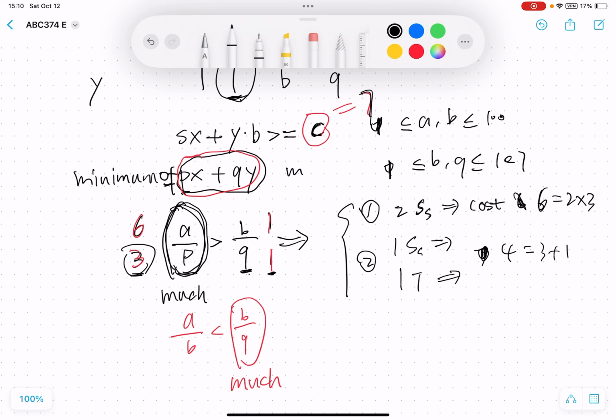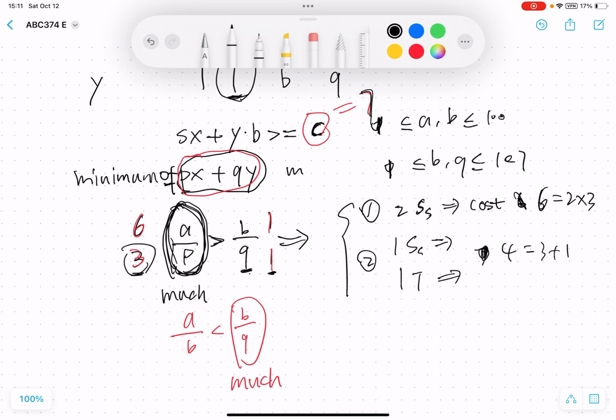This depends on the ROI of which machine is better. After we buy enough S, what is the number of T that we should buy? It depends on how to calculate the number of T we should buy. This is a hard problem.